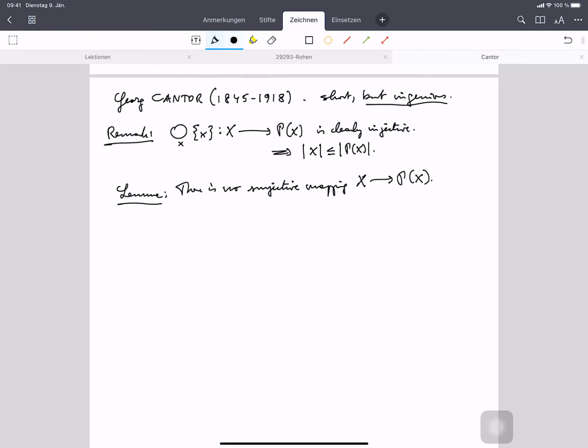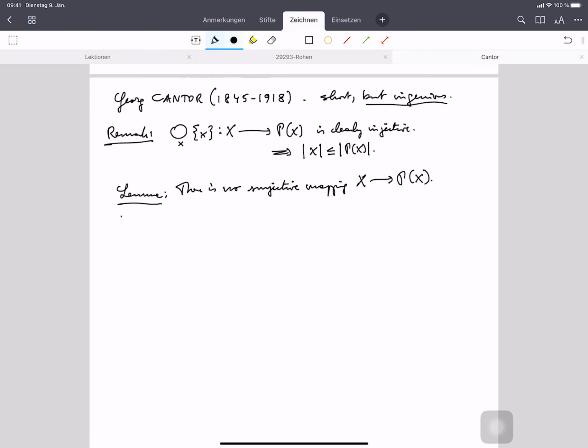It follows that there is in particular no bijective mapping between the two, and therefore we have shown what we wanted to show.